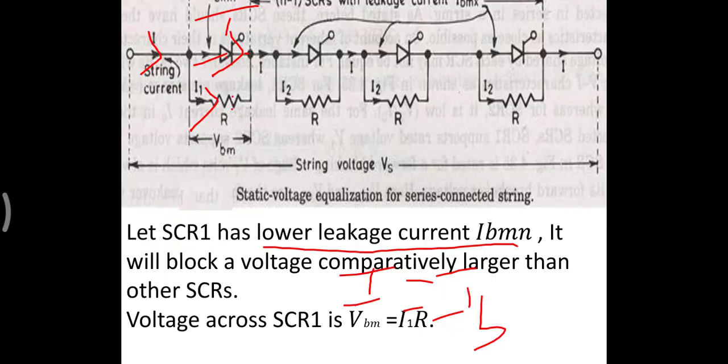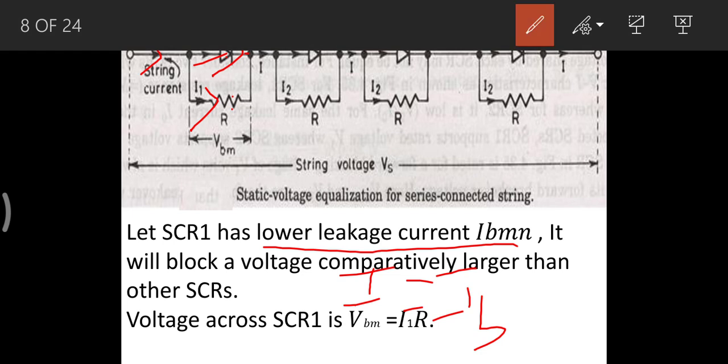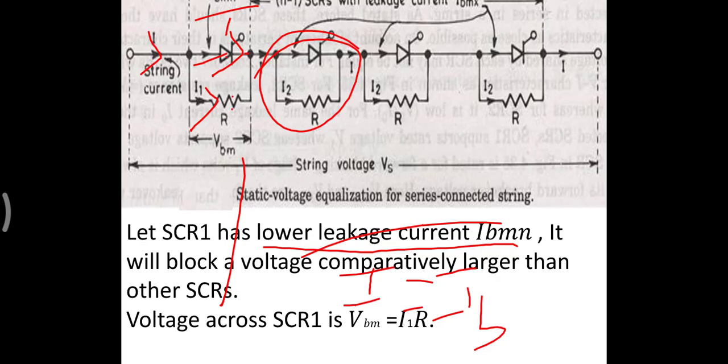And from the second circuit, from here we can write I2 as I minus IBM. So in this way we can write the current equations, and finally we write I1 plus IBM.